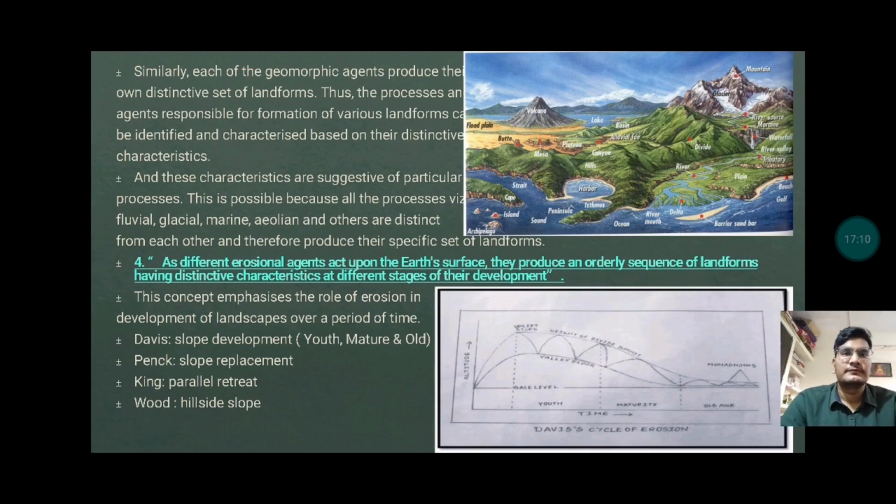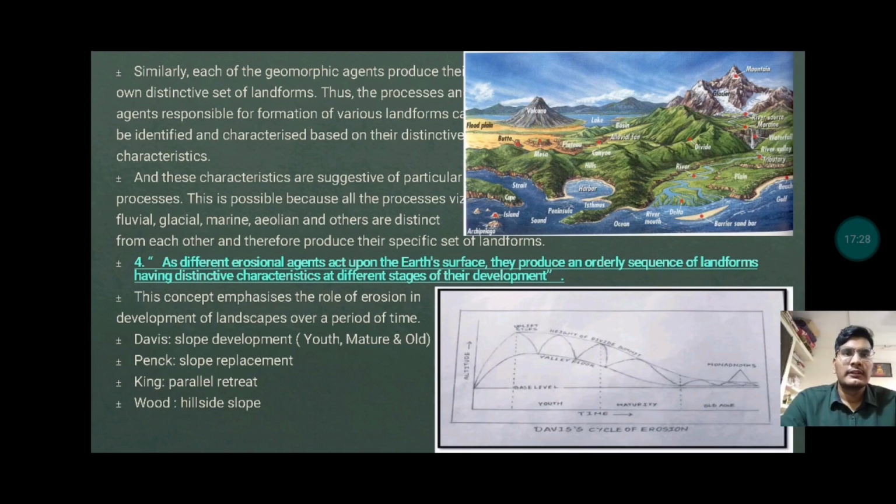The next principle simply states that as different erosional agents act upon the Earth's surface, they produce an orderly sequence of landforms having distinctive characteristics at different stages of their development.